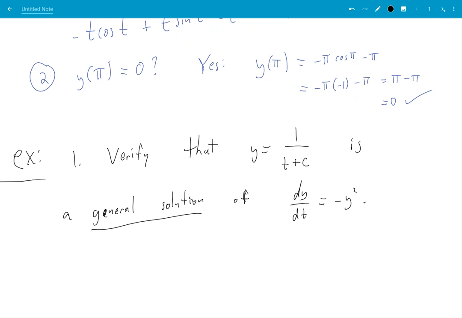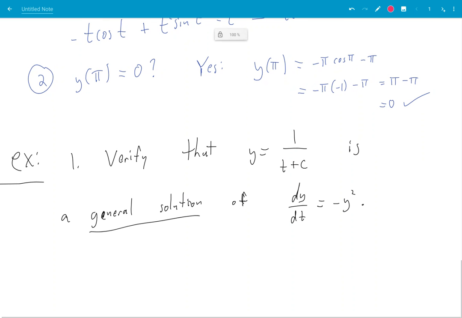Okay, general solution. Why do we say general? Because this c here is not specified. C is some constant. It is not specified, so not specific. It is general.